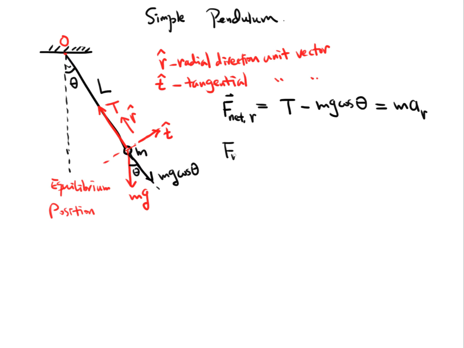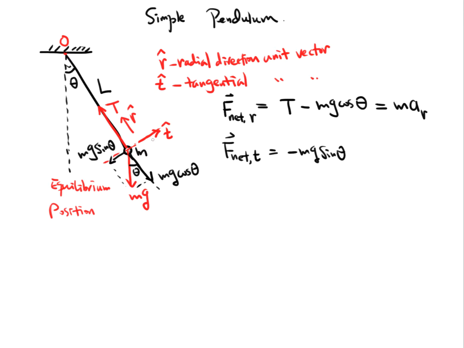And the net force along the tangential direction is given by negative mg sine theta. That's this component, the mg sine theta component. Okay, and the reason we have a negative sign here is because the force component is opposite to the tangential direction.